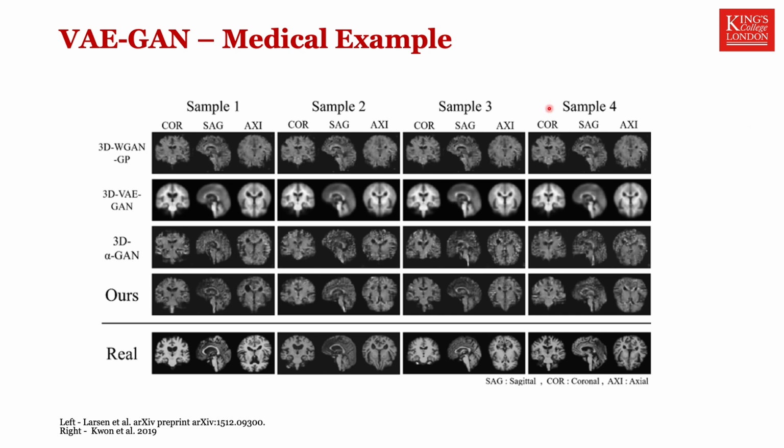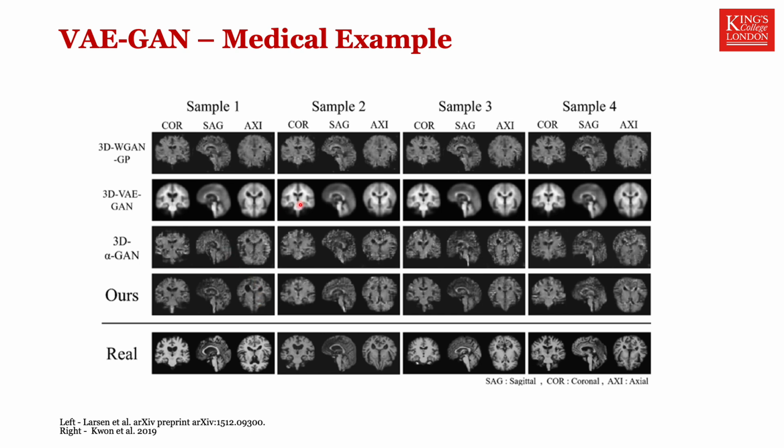For example, here you see the results of the 3D WGAN, the VAE GAN, the 3D alpha GAN, and the method that was proposed in this paper here. You see that the proposed method is generating probably the most realistic images.